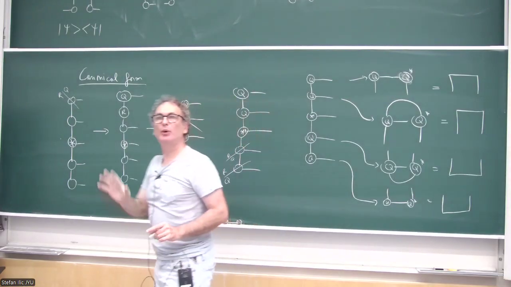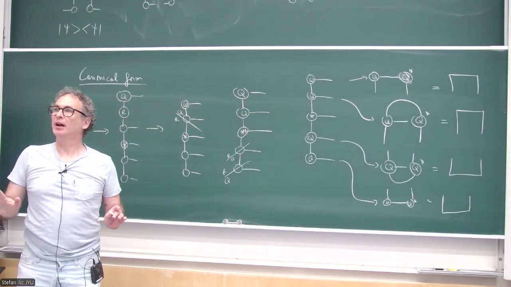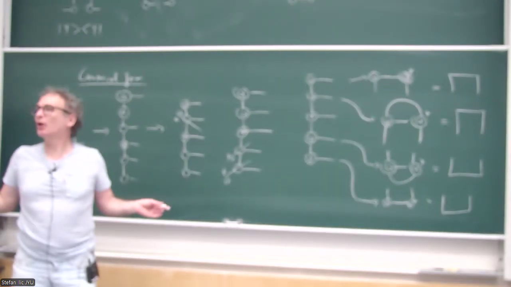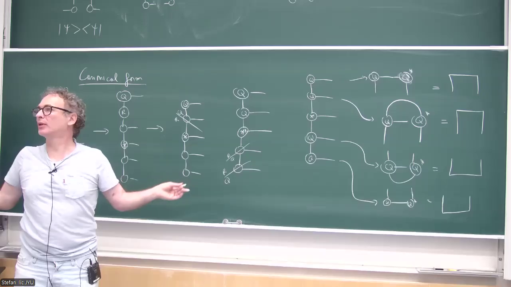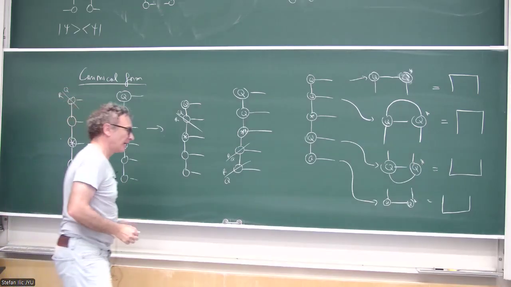Canonical form is just a way to fix the gauge so that the MPS is in a more convenient form where some of the things we get for free.